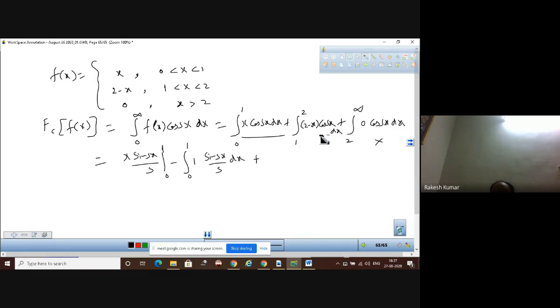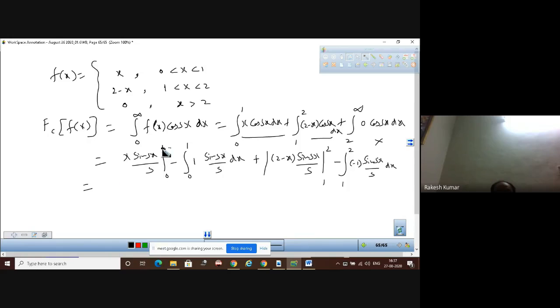Similarly, in the second integral, first function as it is, integration of cos is sin sx over s, limits 1 to 2. The derivative of 2 minus x is minus 1, times sin sx over s dx.